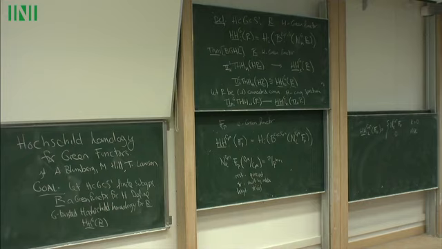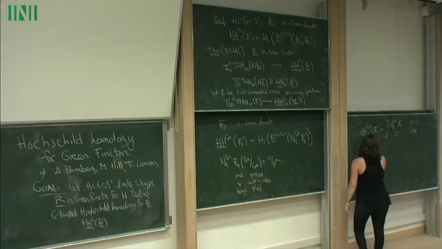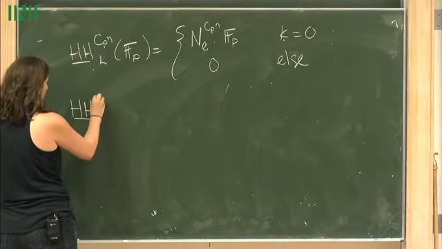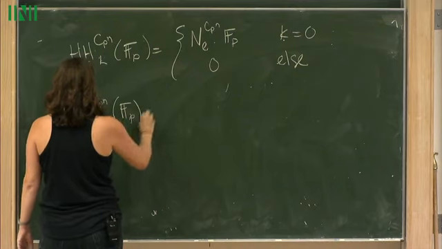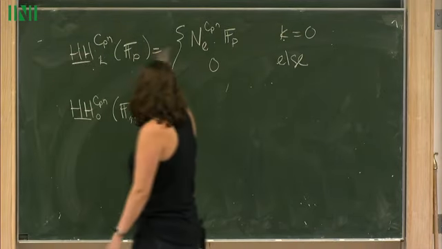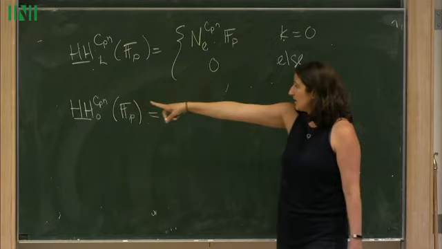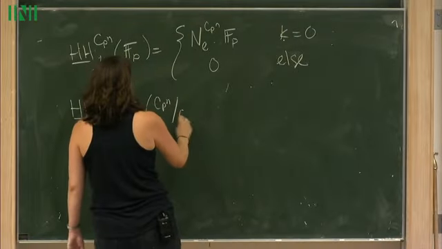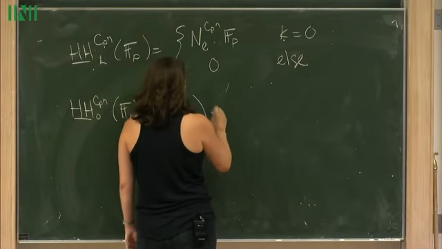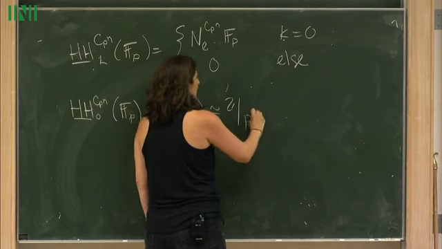So one thing to notice: if you look at HH_0 of my twisted C_{p^n} of F_p, it's supposed to be the norm here, and I have an explicit calculation of that norm. So if I evaluate this at the orbit C_{p^n} mod C_{p^n}, what do I get? I get Z mod p^{n+1}.